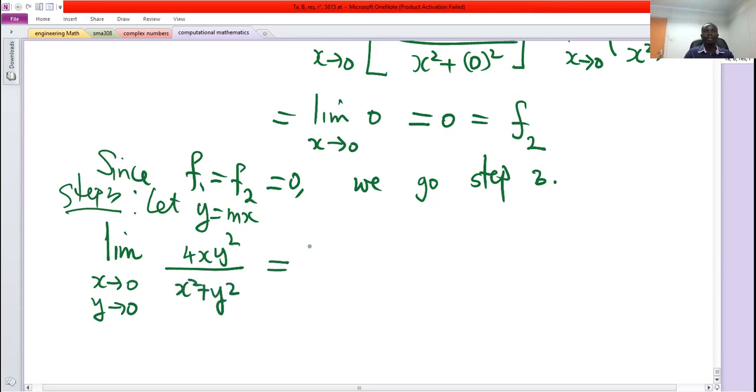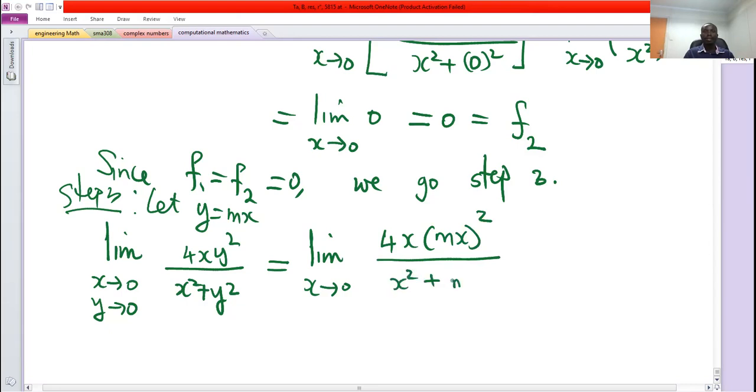So this will be the limit as x approaches 0, because we are going to replace everything where there's y by mx. So we just have one variable: 4x times mx squared over x squared plus mx squared.